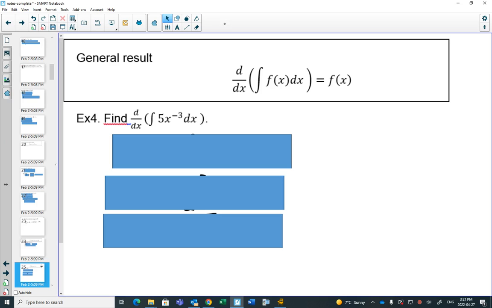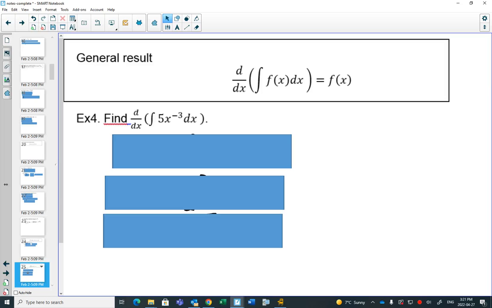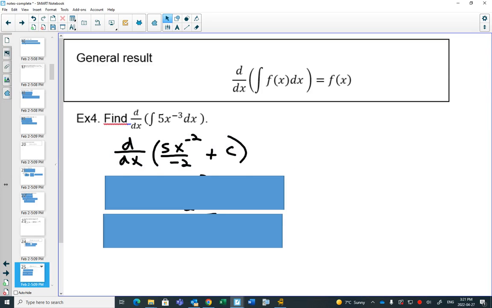But this is different. A little bit. Can you see in this one, when you integrate a derivative, they cancel each other out, but you would have the plus c. But if you differentiate the integral, doing the integral first would cause you to have a plus c.